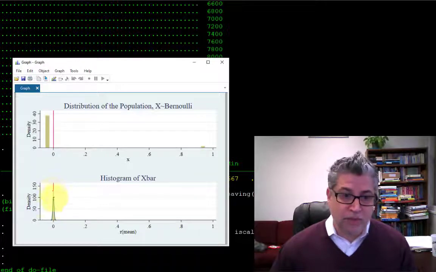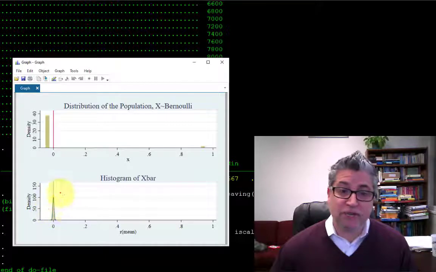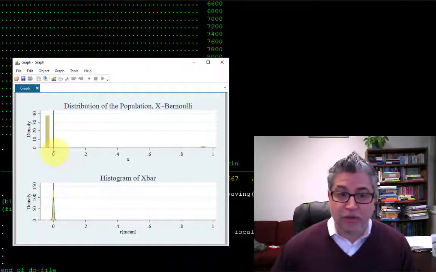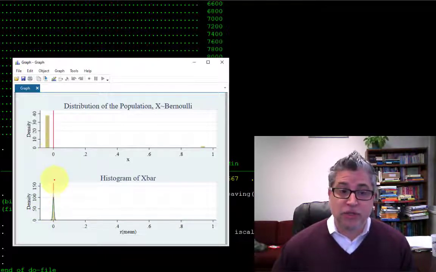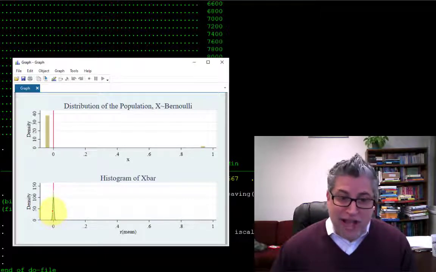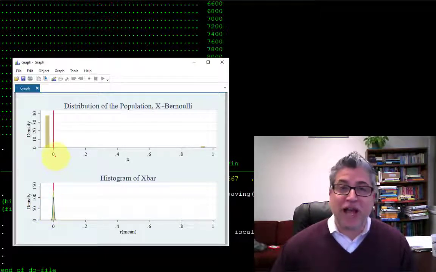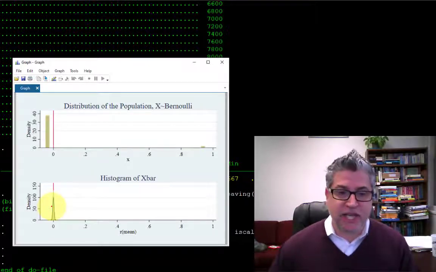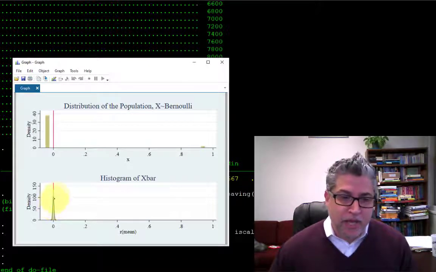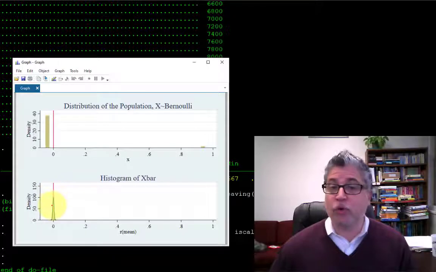Relatively normal, unbiased, and notice that the distribution of X bars is collapsing around the population average. So our estimates of what the population average might be are becoming increasingly more precise whenever you take a larger sample, which is kind of a no-brainer, but it needs to be said. Again, it's also getting more and more normal.